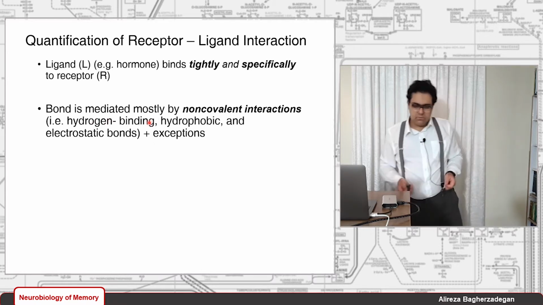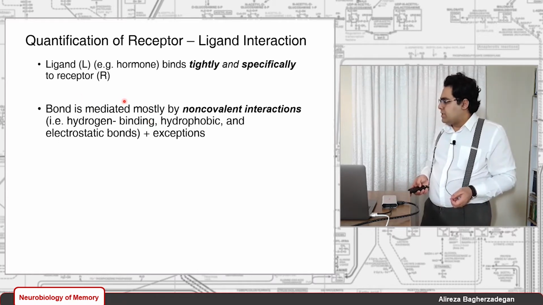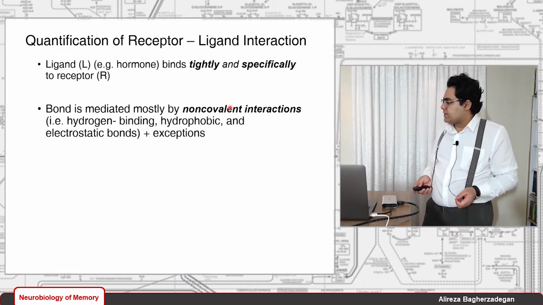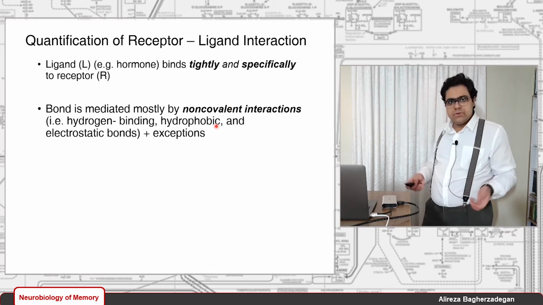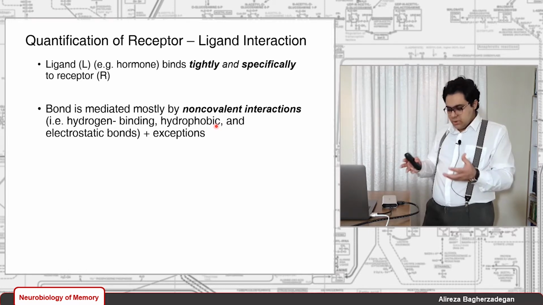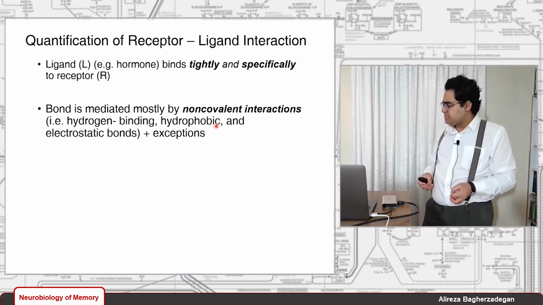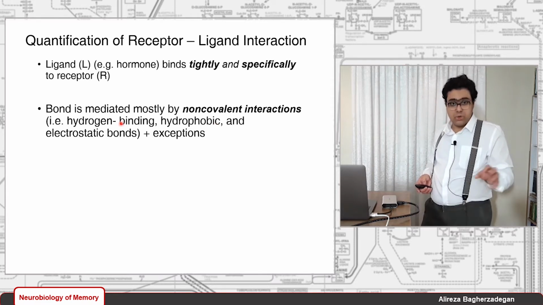Maybe that's the only one mediated by covalent bonds. But for most of them, we need the ligand to be temporarily bound to the receptor. We want it to be reversible. That's why most of the bonds are mediated by non-covalent interactions.